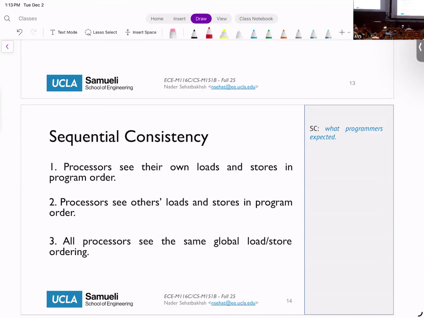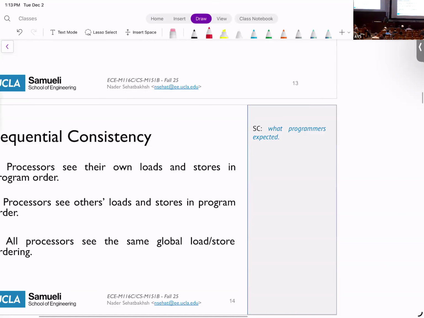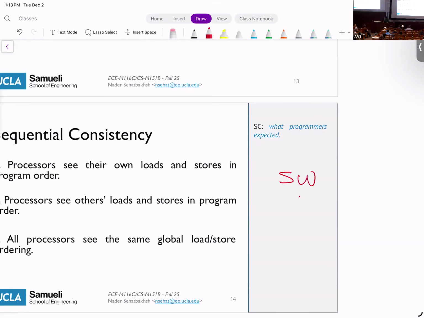Again, this does not fix the race condition, but what it says is that if you see a store in your program and later on a load, the sequential consistency memory model guarantees that the store happens before the load. Okay? So programmers can reason about it this way.